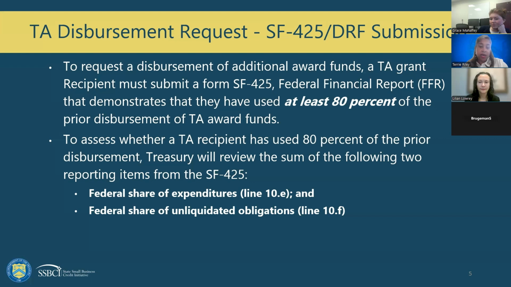The way that we calculate or surmise if you have reached the threshold is we're looking at your share of expenditures as well as the unliquidated obligations. By unliquidated obligations, that is any obligations you've made, contractual or otherwise, but have not yet made disbursements for those. Next slide.